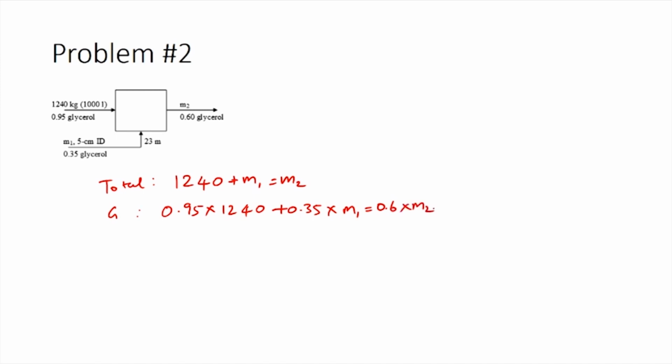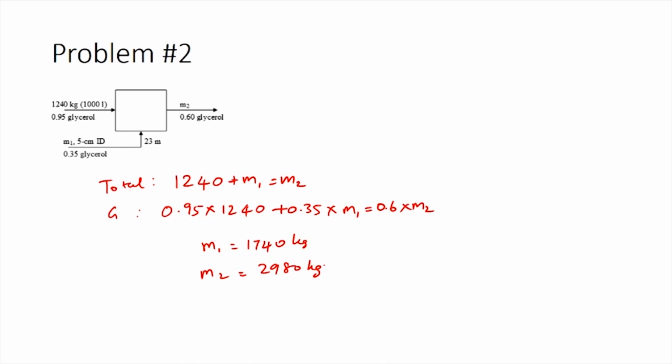So, you have two equations and two unknowns, you can solve for M1 and M2. The value for M1 would be equal to 1740 kilograms and the value for M2 is equal to 2980 kilograms.